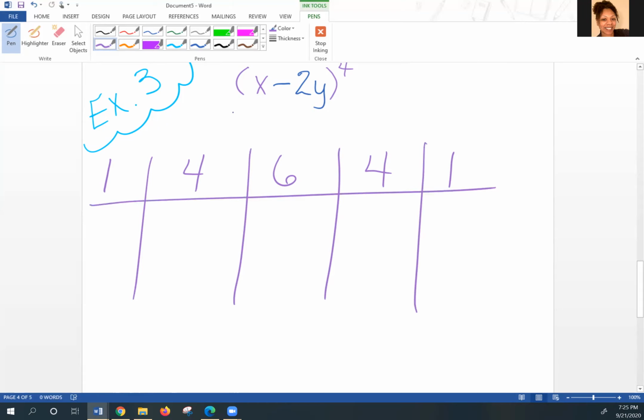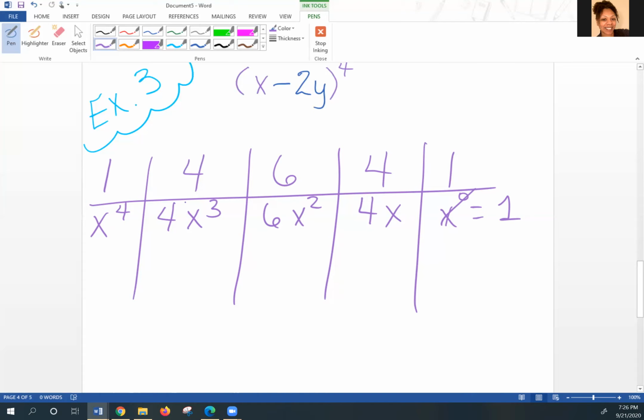First term goes first, and it's raised to that exponent, and then you just count down. x to the fourth, x cubed, x squared, x to the first, x to the 0 power, which is 1.